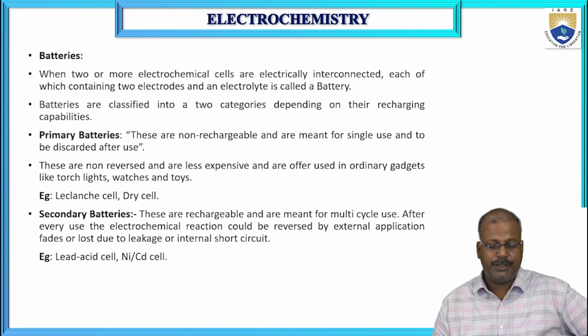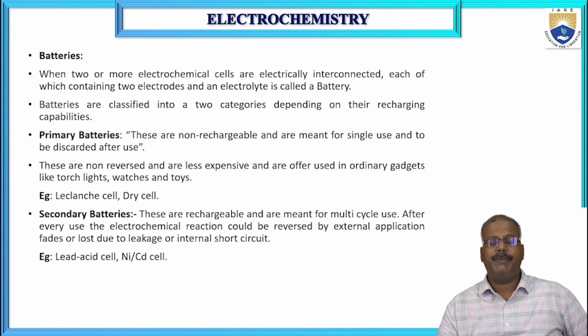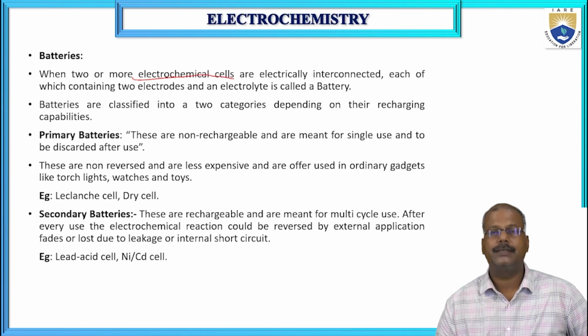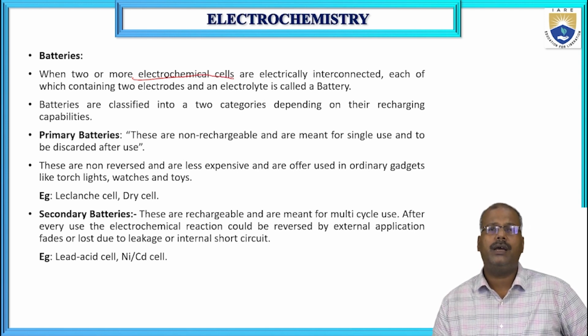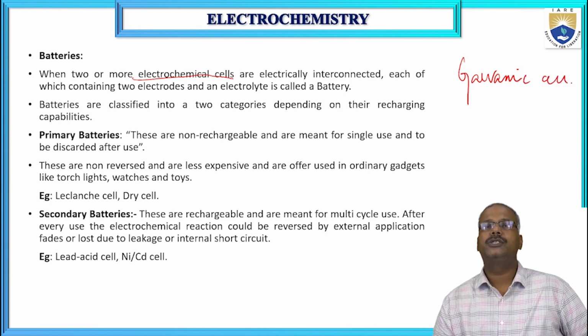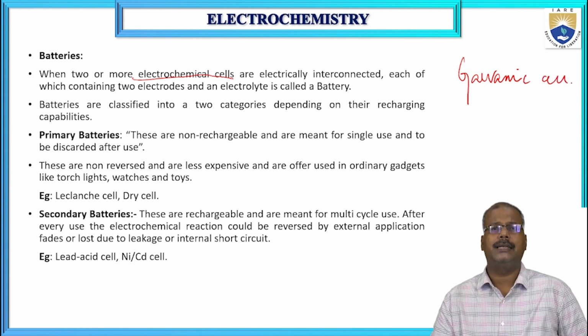Okay, batteries. What are batteries? Batteries are nothing but electrochemical cells. If there is one anode and one cathode immersed in electrolyte, like the galvanic cell we have seen, it is called an electrochemical cell.